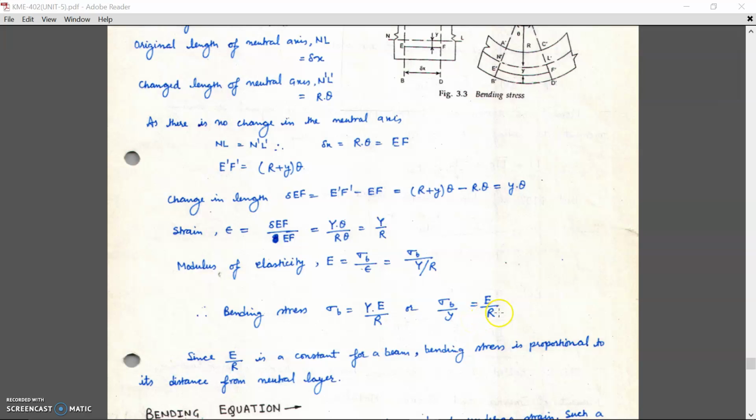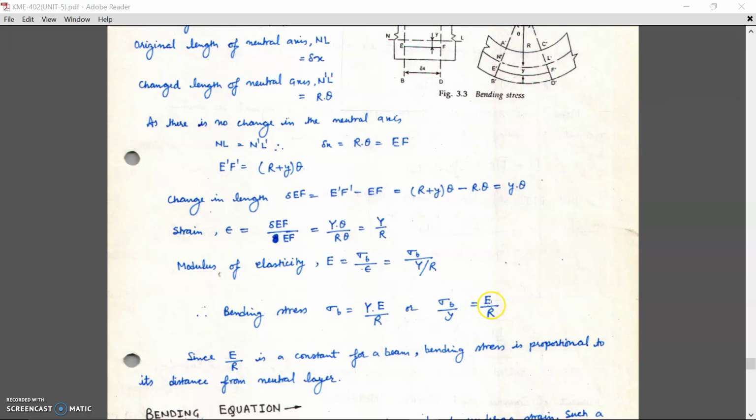Now in this we got something. What did we get? As we can see, for one particular condition E by r will be a constant. For one particular type of bending moment or situation, E by r will be a constant.